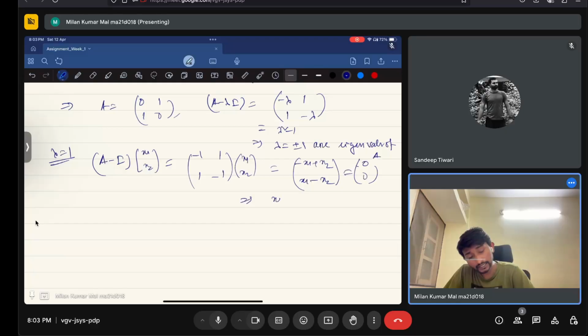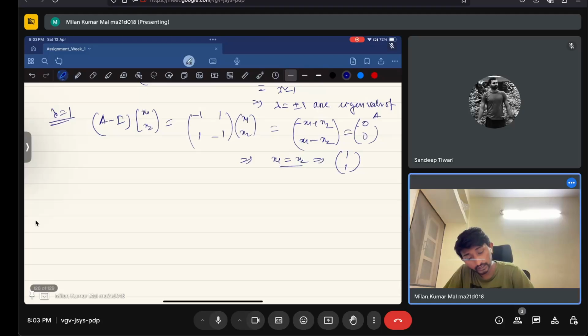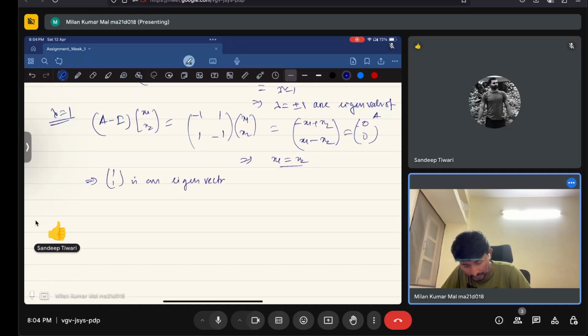That implies x1 equals x2. That implies 1, 1 is an eigenvector of A corresponding to lambda equals 1.